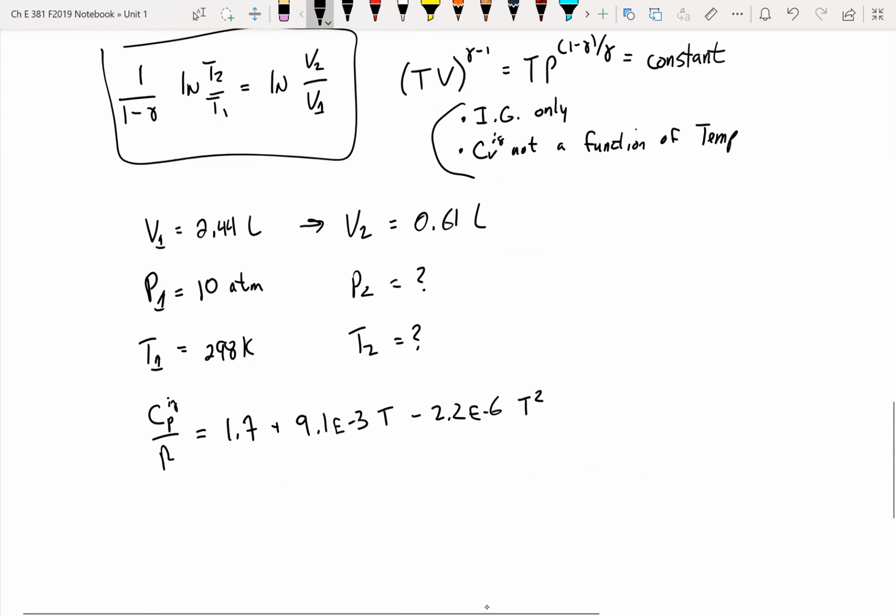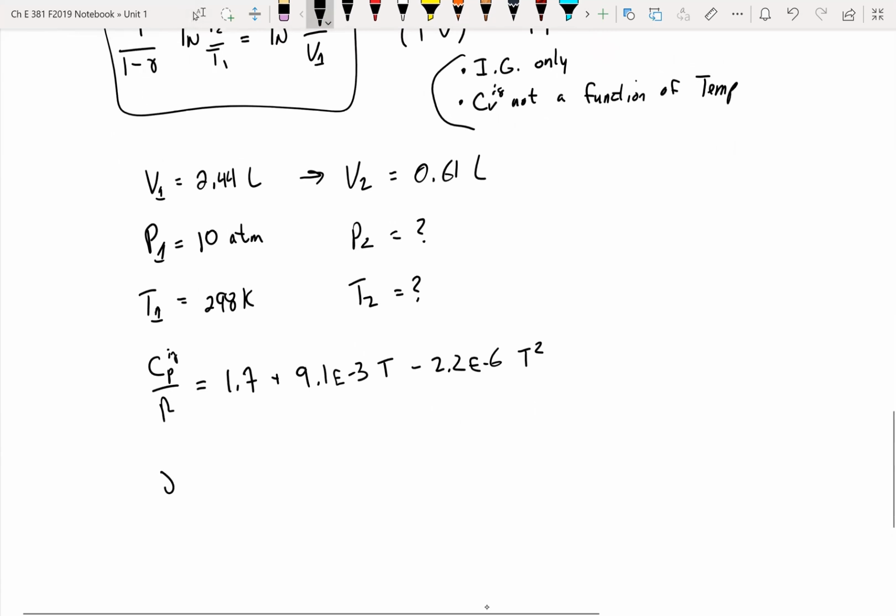So at a temperature of 298, gamma of 298 Kelvin is equal to CpIG over R at 298 over CpIG over R evaluated at 298 minus 1.